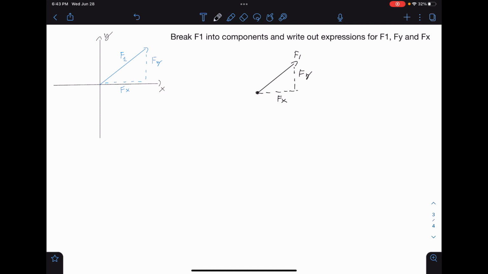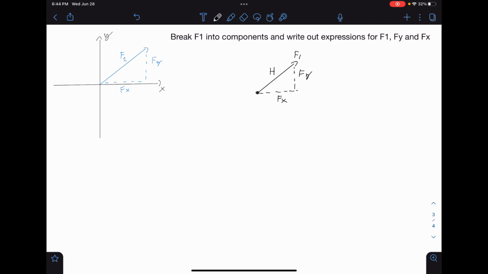So how do we write an expression for this? F1, we could write an expression for no problem, because we know the Pythagorean theorem is a squared plus b squared equals c squared, right? And this being the hypotenuse and also c in our formula, we can just easily do that, right?